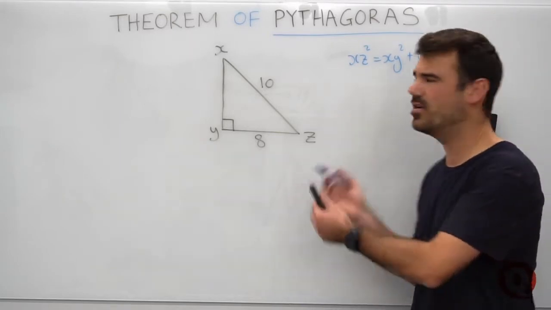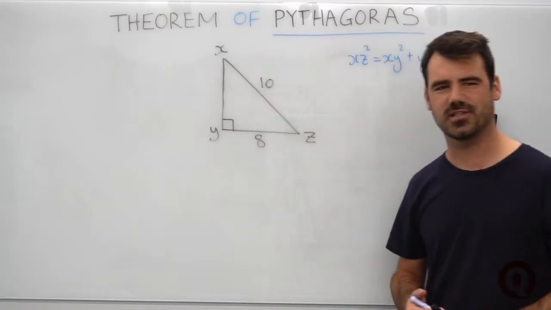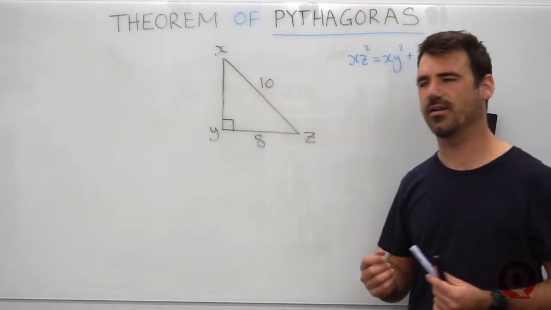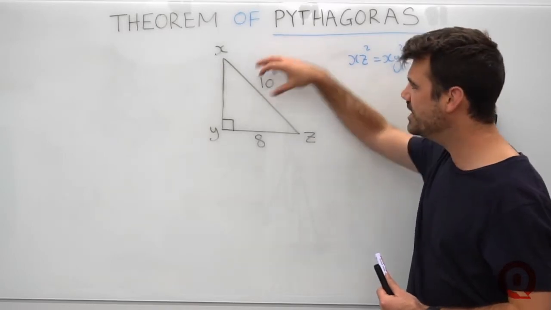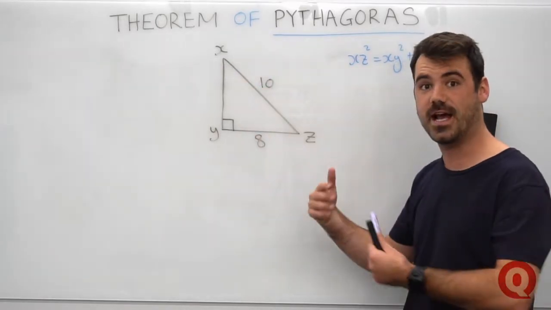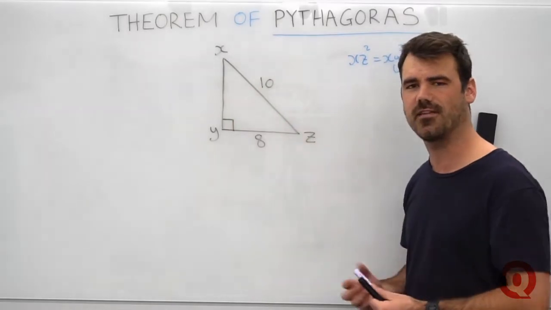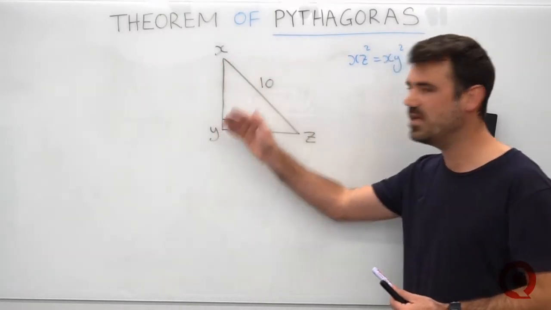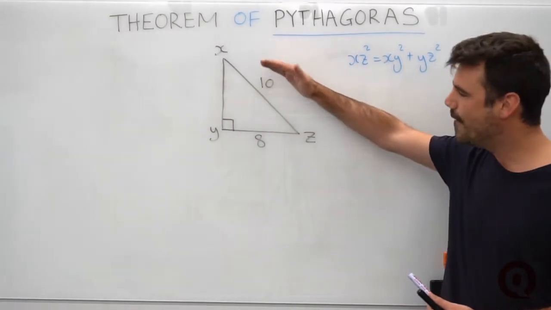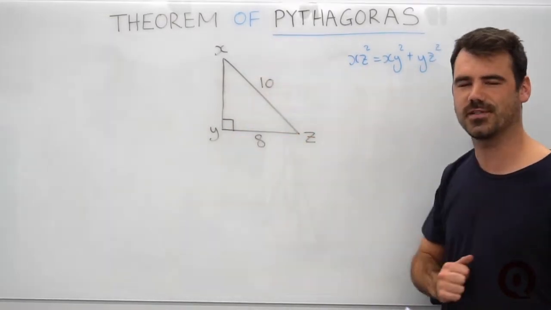So how am I now going to use this to find the shorter side? If we were to think about it, if the hypotenuse, which is the longest side squared, is equal to the two shorter sides squared and then added together, surely, if I was looking for a shorter side, it would be the hypotenuse squared minus the other shorter side squared.